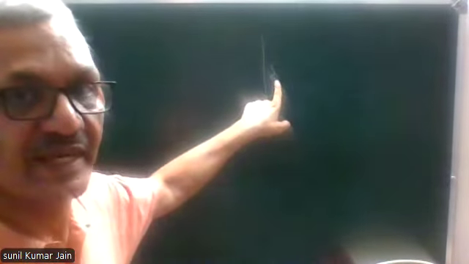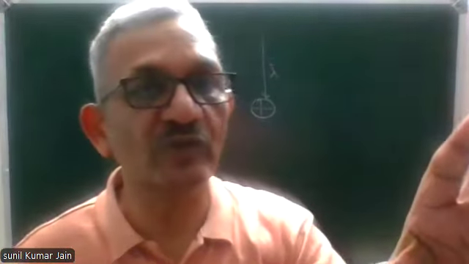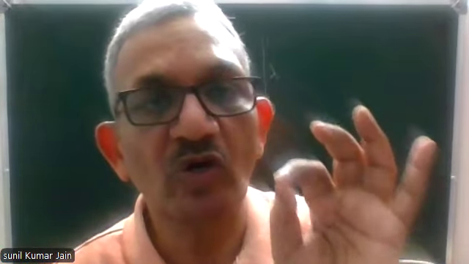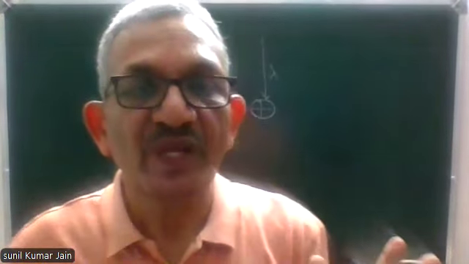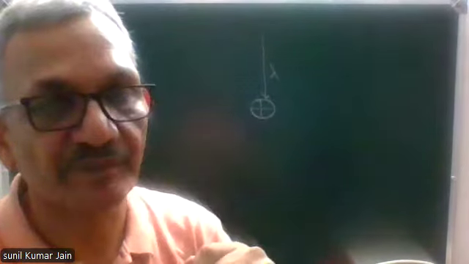Now, there is a law called law of optics, and that law says that when we see and determine the position of any particle, minimum error in the determination of position will be equal to the wavelength of radiation used to see that particle.